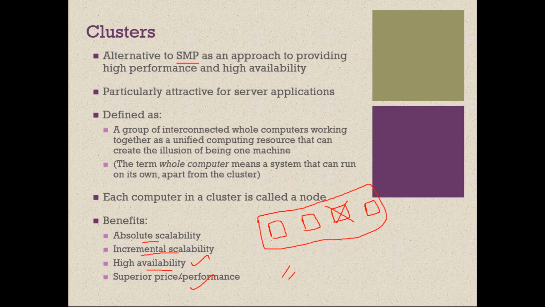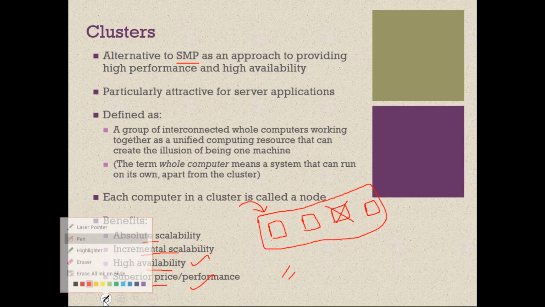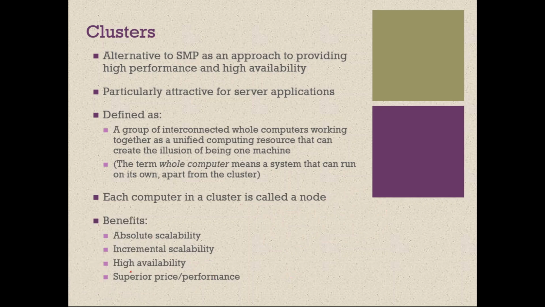So it is superior in price. And coming to performance, the performance of these clusters will be better than SMP, because here every machine is a standalone computer. It is not just a processor alone. So it is superior in price and performance when compared with SMP.